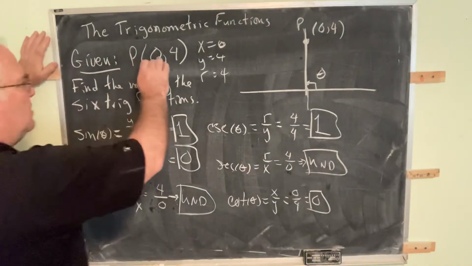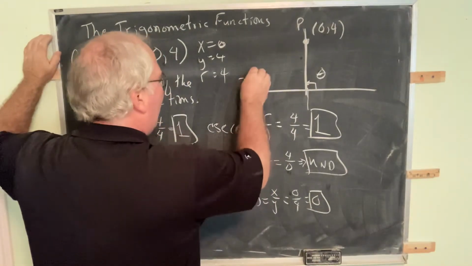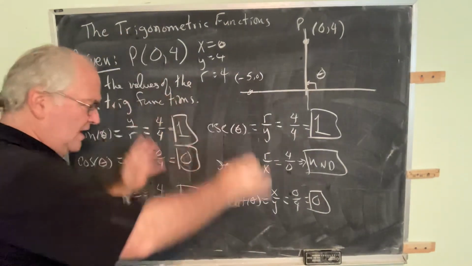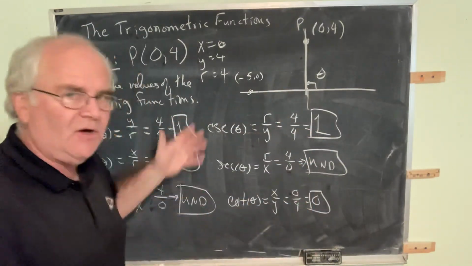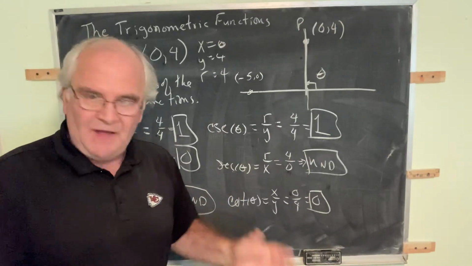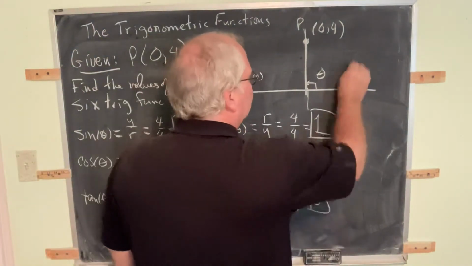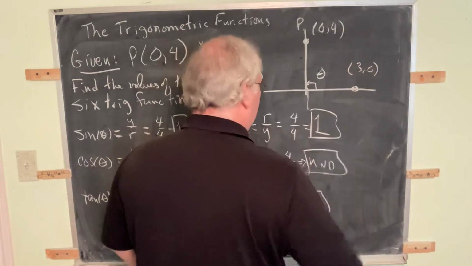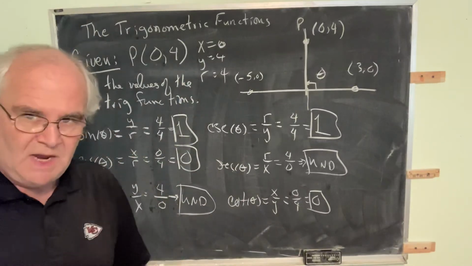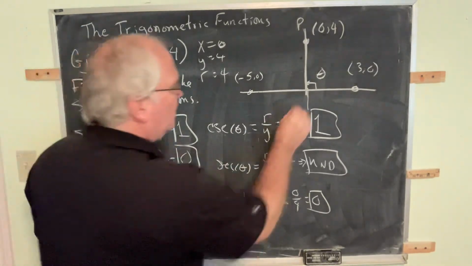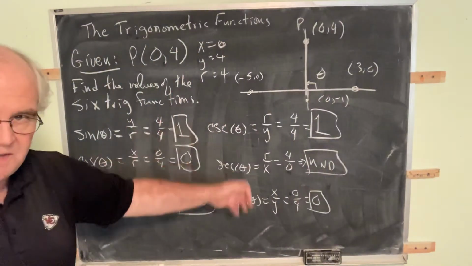And if I had chosen, instead of (0, 4), if I had chosen (-5, 0), some of them would have been slightly different, but the final results would have been very similar. If we had chosen a point over here, let's suppose (3, 0), similar things would have occurred. Other function values would be undefined. And if we choose one down here, suppose we choose (0, -1), other function values would be undefined.